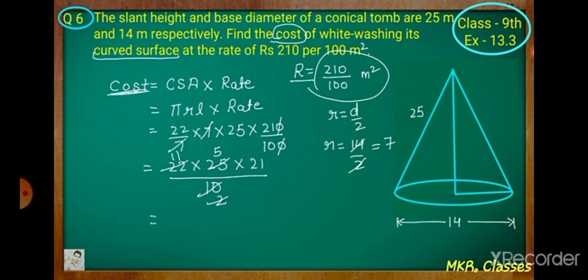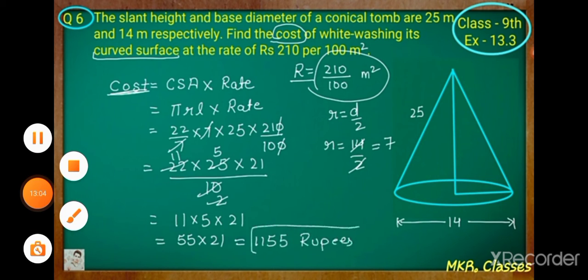And 2 cancels 11 times. So it's 11 into 5 into 21, so this is 55 into 21. 55 ones are 55. Carry 5, 50 2s are 110, plus 5, that is 1155 rupees.